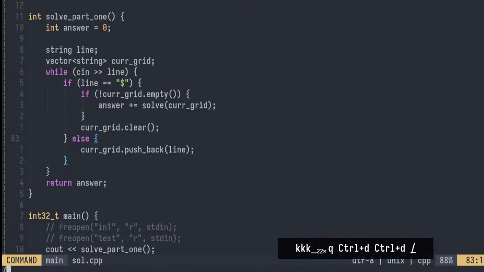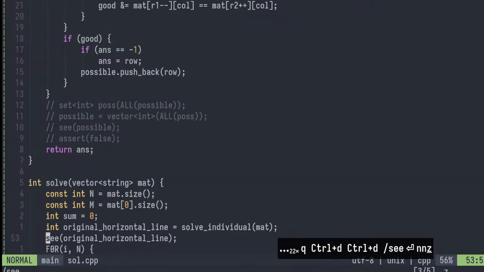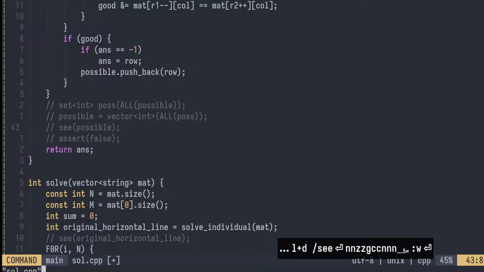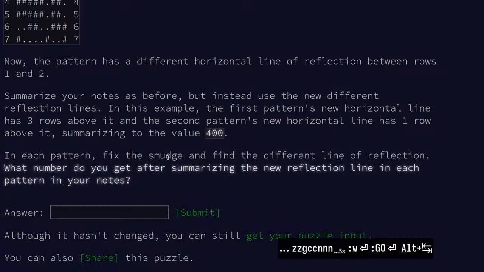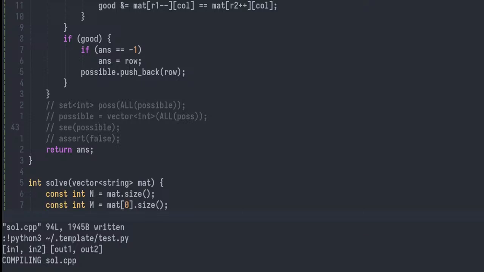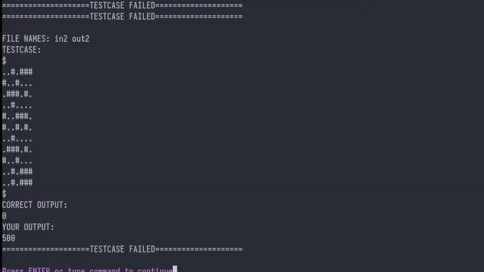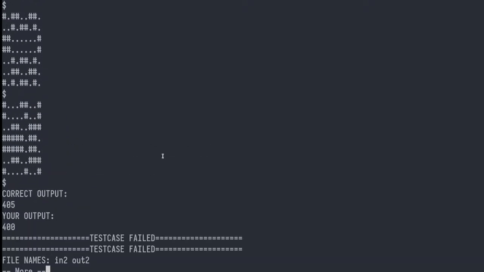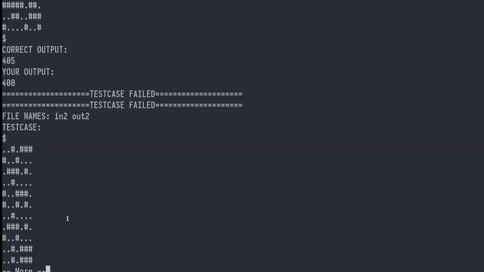Nothing printed here. Why is nothing printed for the first test case? Okay, that's fine.